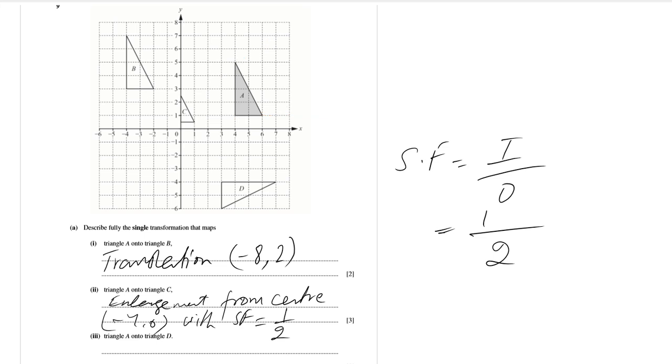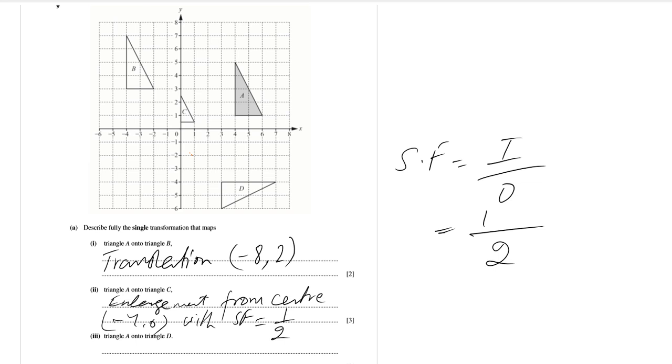So first let's check whether it is reflection or not. You can join any two same corners and see if the lines are crossing each other or not. Definitely crossing. So this is not a reflection, it has to be a rotation.